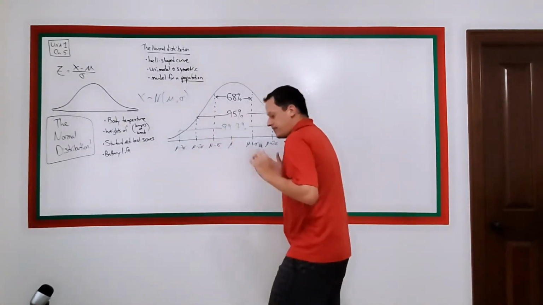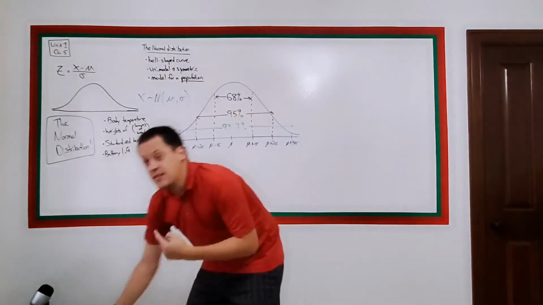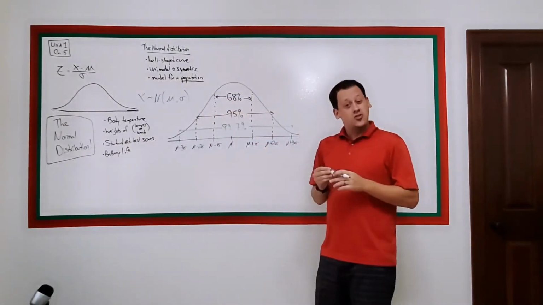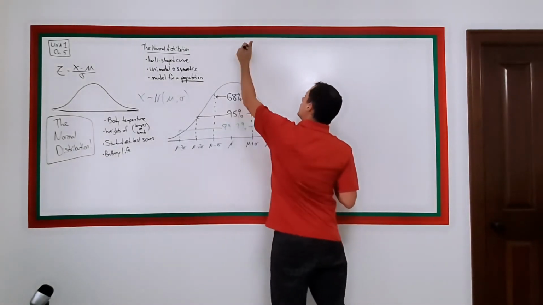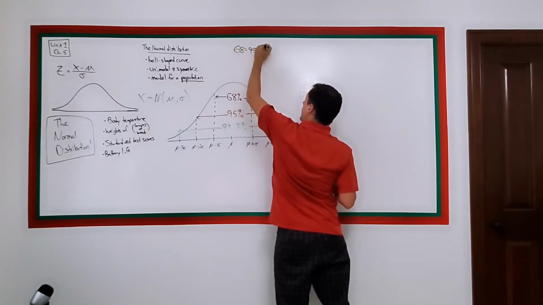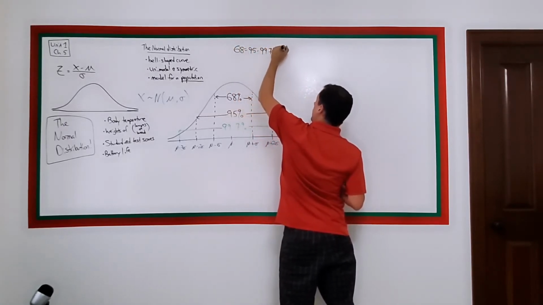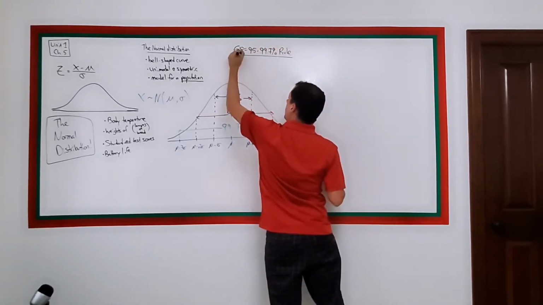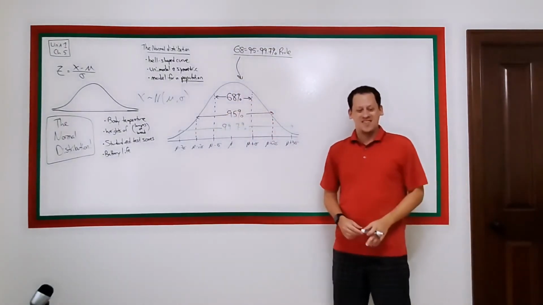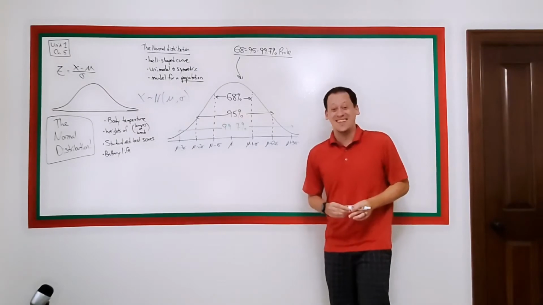But this set of properties has a name. It actually has 2 names. I kid you not, one of its names is the 68, 95, 99.7% rule.